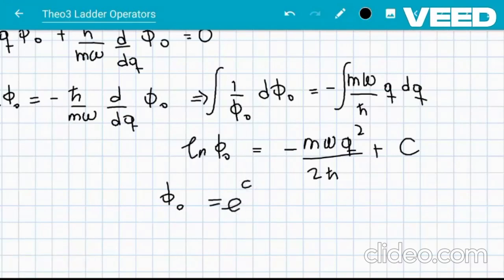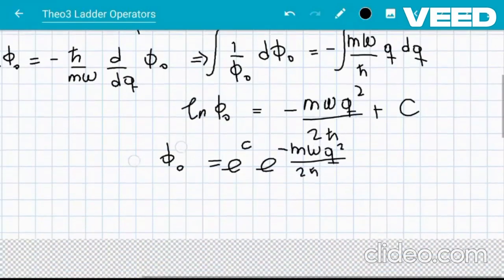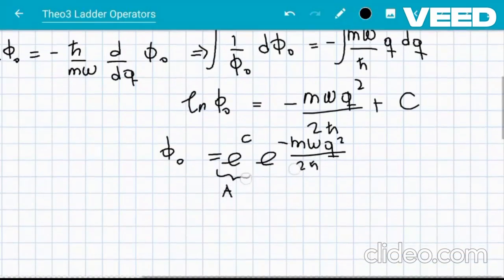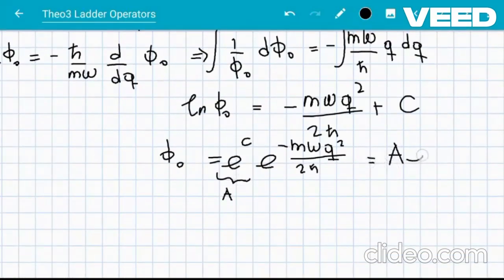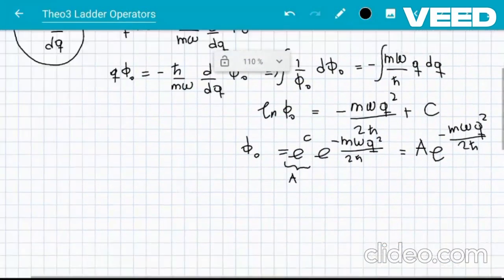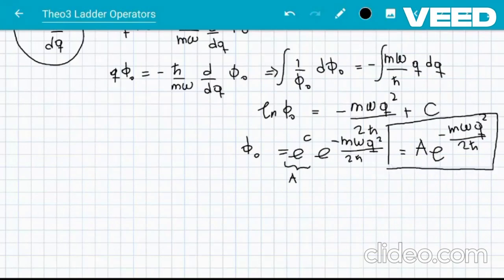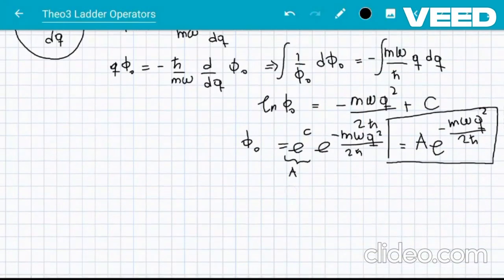So I'm raising basically both expressions to an exponential, and that's just another constant a. And so that's the ground state wave function, which is not normalized, of course, but that's not even asked in the problem.